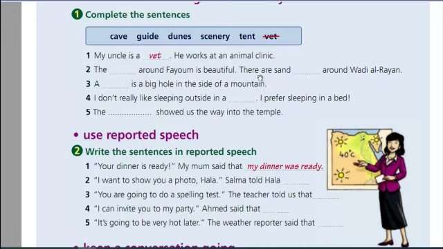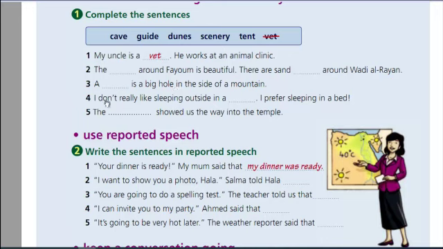There are sand dunes around Wadi Raya. Number 3, a what is a big hole in the side of a mountain? A cave. A cave is a big hole in the side of a mountain.